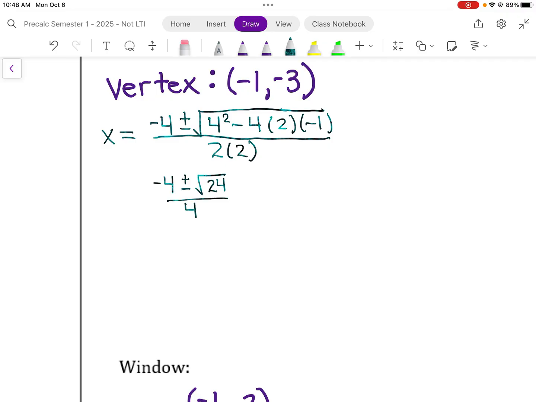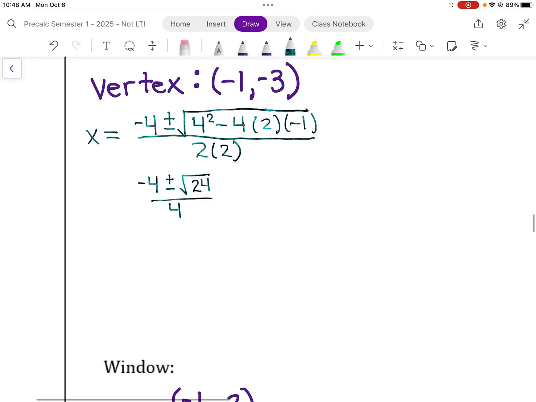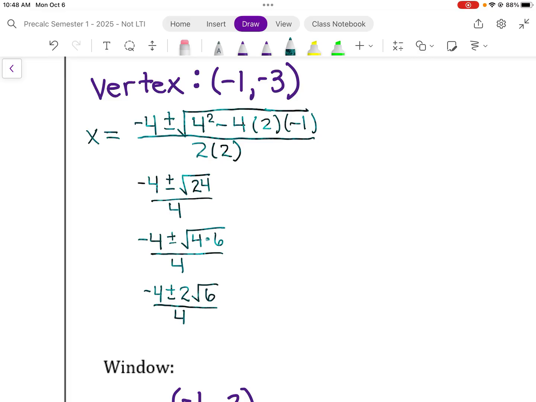And then we're going to simplify that radical. So the square root of 24 is the same thing as the square root of 4 times 6. Well, the square root of 4 is 2, so that can go out of the radical because I took the square root. And then I can reduce the fractions here.